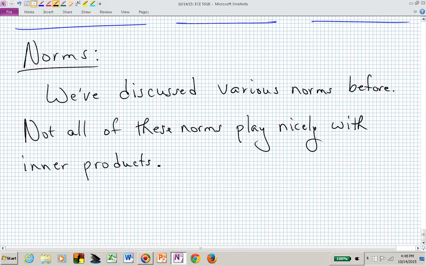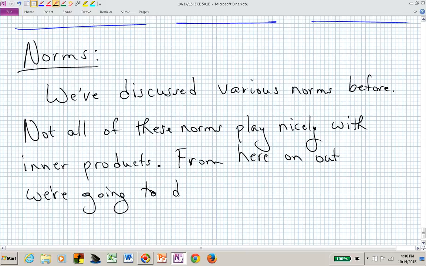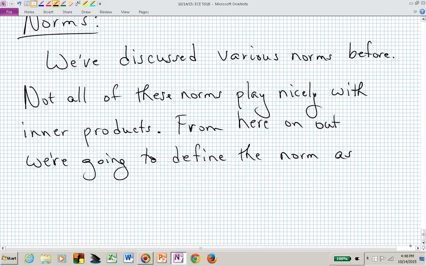So, for that, what we will say is from here on out, we're going to define the norm as, if I now say the norm of V, I'm going to say, well, that's the positive square root of the inner product of V with itself.